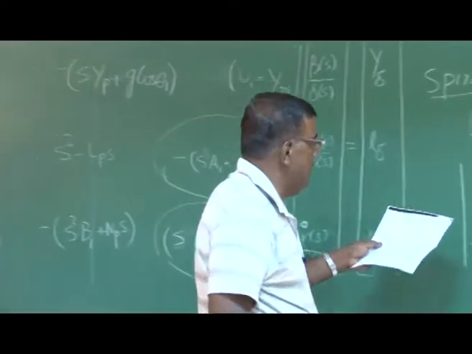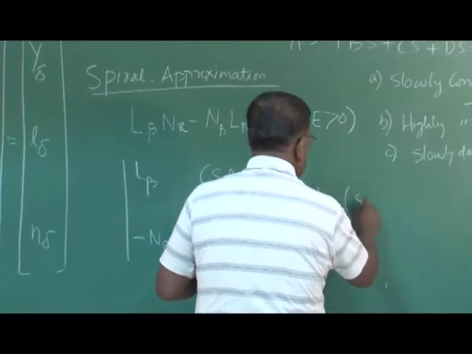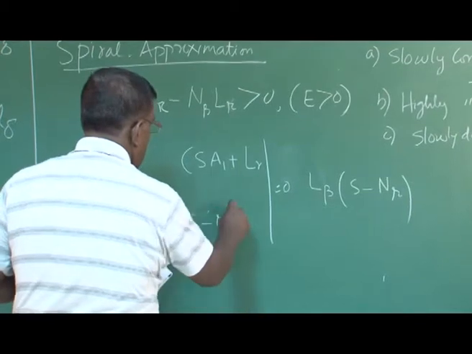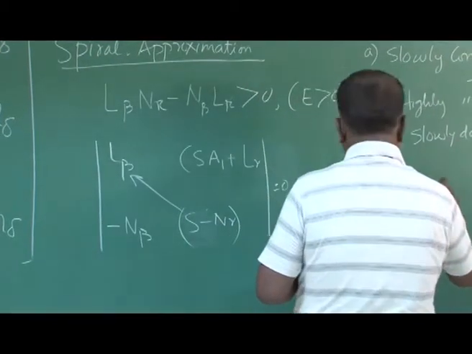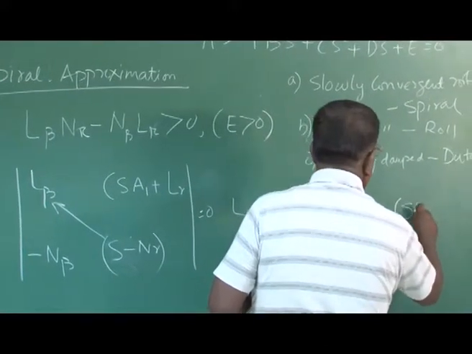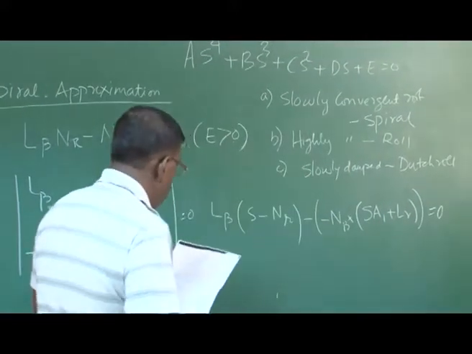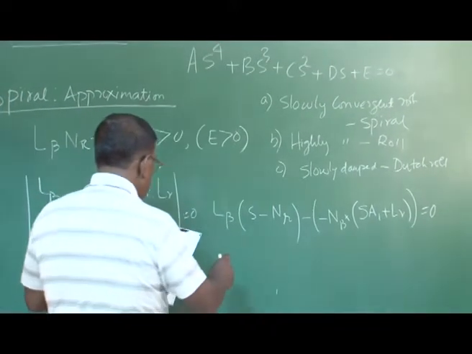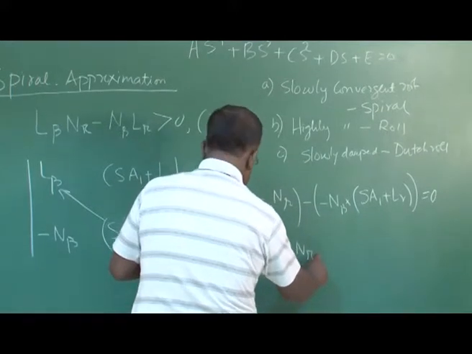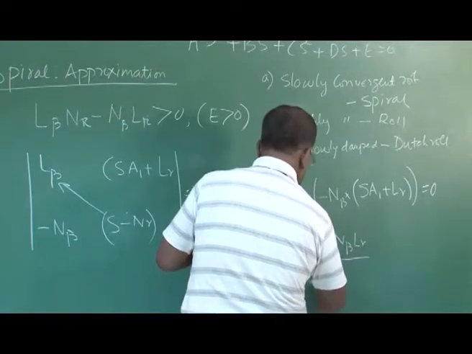If I now expand this, I will find L beta into s minus Nr, minus N beta into s minus Lr, equal to 0, which gives me the value of s as (L beta Nr minus N beta Lr) by L beta.